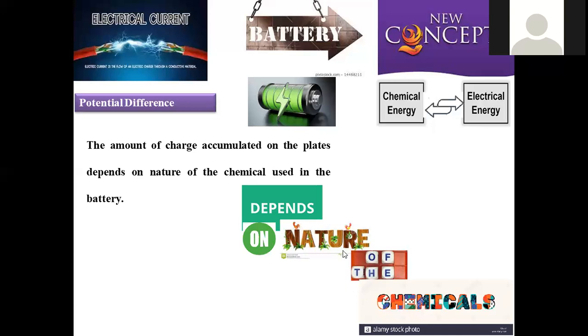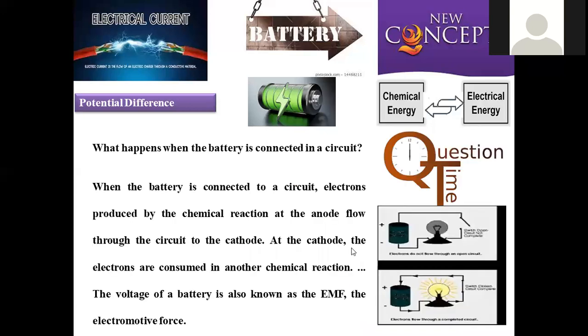That purely depends upon the nature of the chemicals we are applying as the electrolytic solution and the electrode material. So this is an important criterion: the amount of charge accumulated mainly depends upon the nature of the chemicals used in the battery. This is the important condition to be remembered.